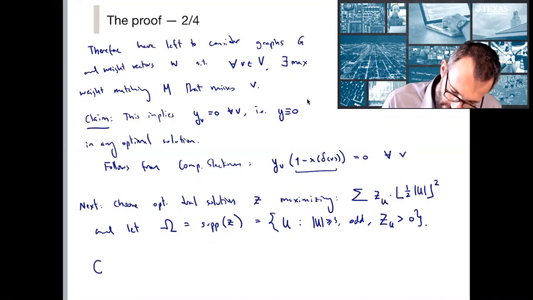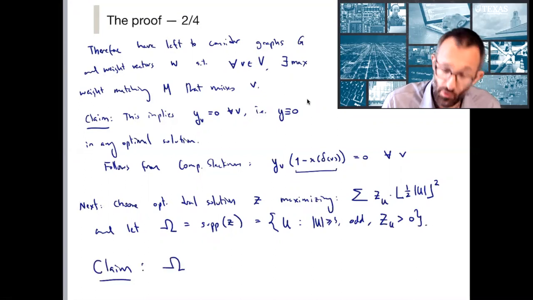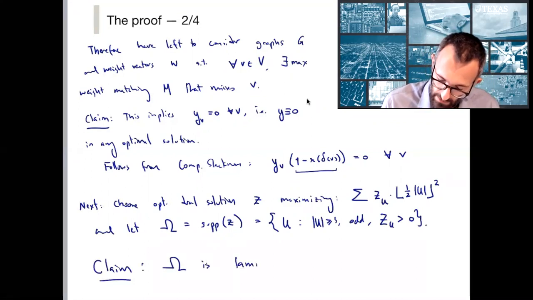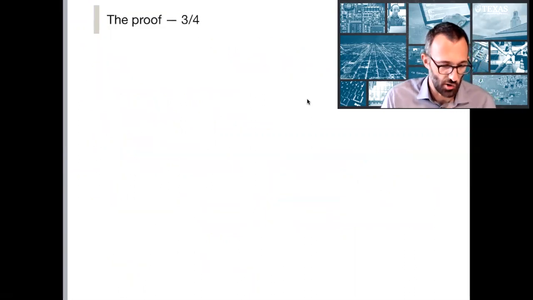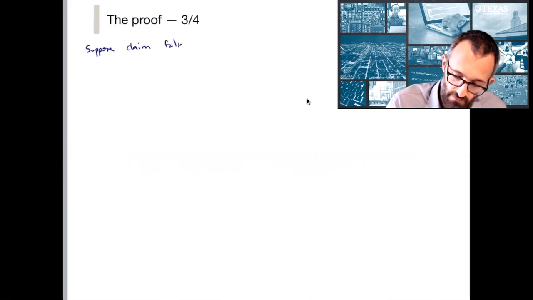So the claim is that, as promised in the theorem of the proof, omega is laminar. Let's prove that. That's the next part of the proof. And we'll prove it by contradiction. Suppose the claim is false.